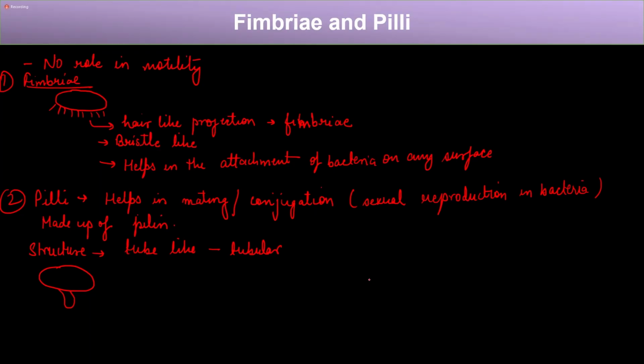Suppose you have one bacteria like this, and bacteria have extra chromosomal material that we will study in later slides, and this extra chromosomal material is known as plasmid. So if a bacteria has pili, it can transfer this plasmid. This plasmid is called F plasmid. So it transfers this plasmid through the pili.